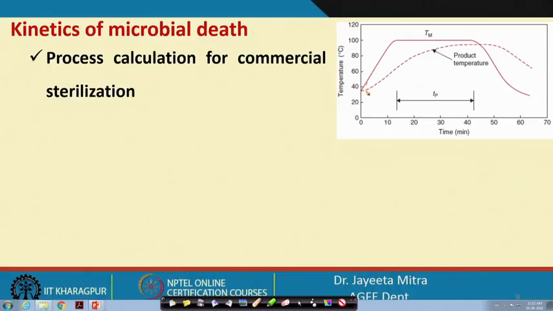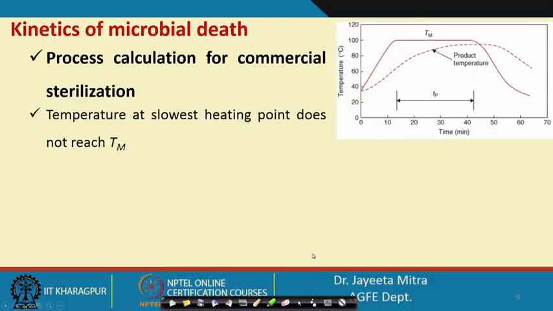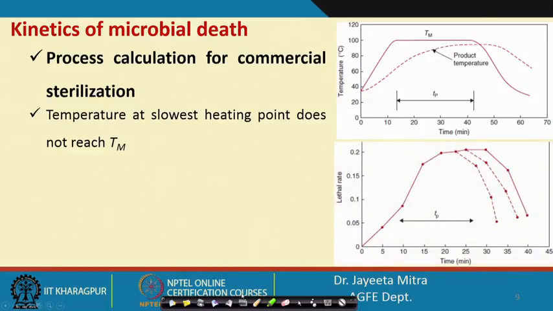So, that is the farthest point where the heat may reach at a later time, and the center point may be shown by this kind of a curve, where the surface may attain the processing temperature, but the center may attain it at a later period of time, or may not fully attain it, and may be slightly lower than that. So the temperature of the slowest heating point does not reach Tm.